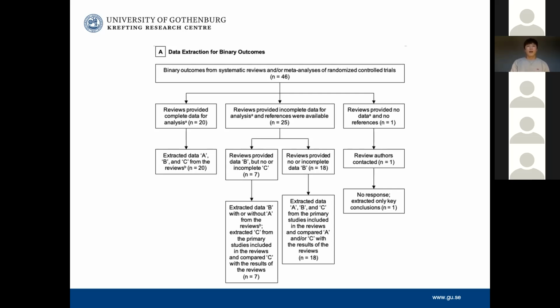Based on a small sample of the included systematic reviews, we noticed that poor data quality was quite common. So using the first 5 systematic reviews, we developed data extraction protocols to ensure we get the data we want.